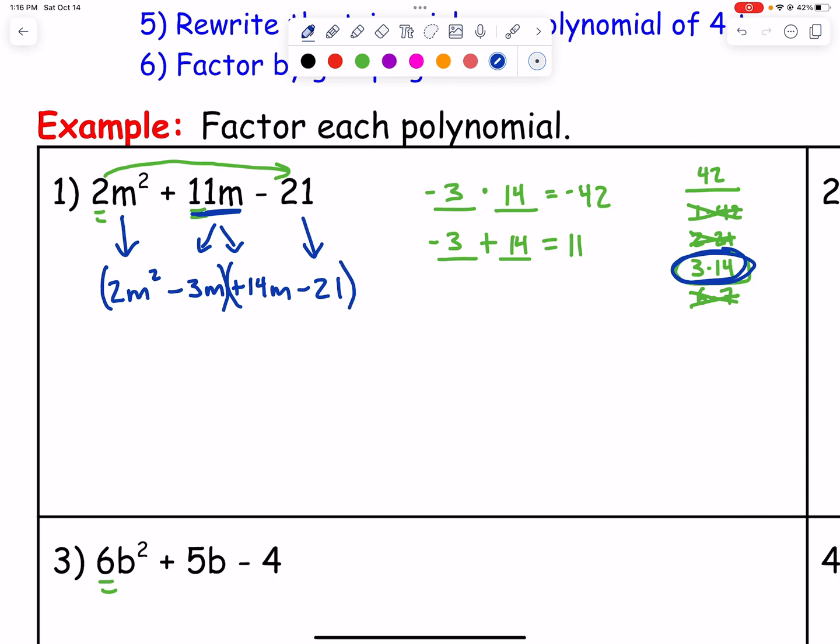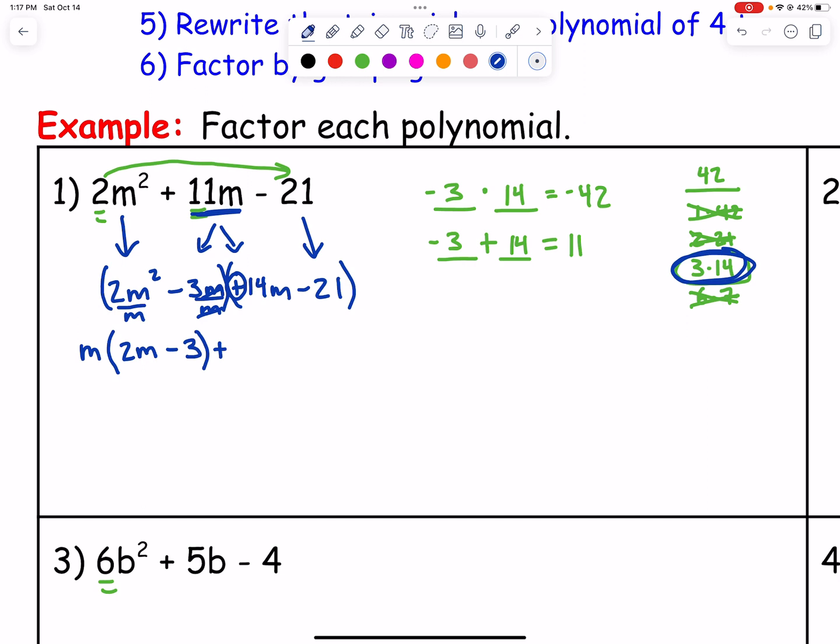So 2m squared minus 3m would have m as our greatest common factor, because both of those would divide evenly by m, but then we can't take out anything else. So then I would have 2m left from the first term, minus 3, because the m would cancel out from the second term. Remember to take out the sign of that third term, so that'll be a positive.